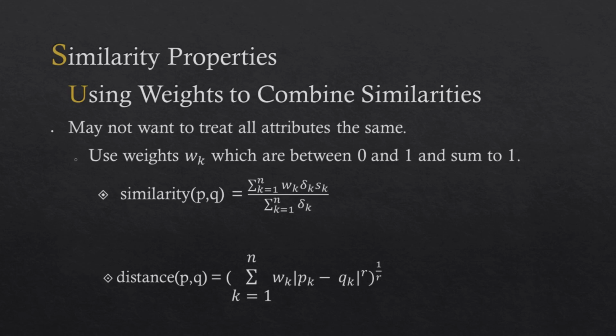Then in distance, the formula is distance of P, Q equal to open parenthesis, summation of k equal to 1 to n of w k times the absolute value of p k minus q k, then power r, close parenthesis, power 1 over r.